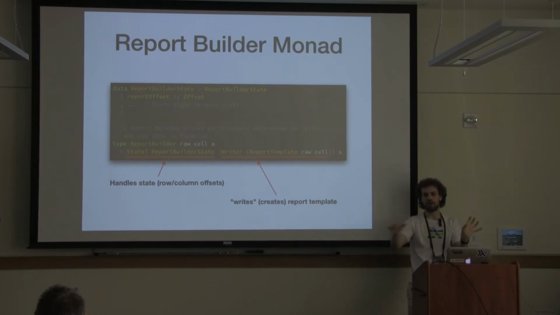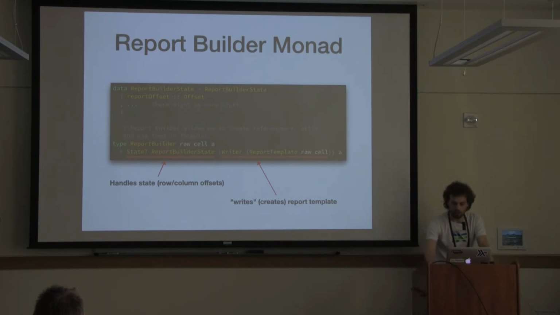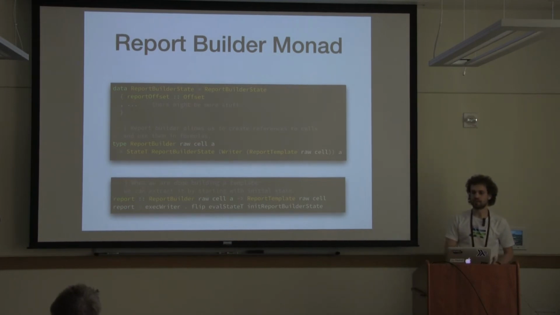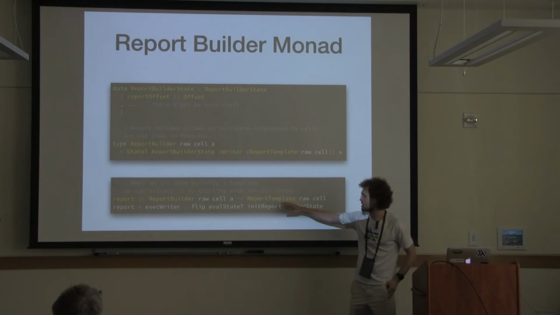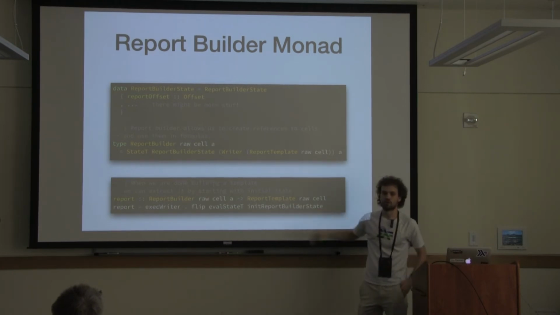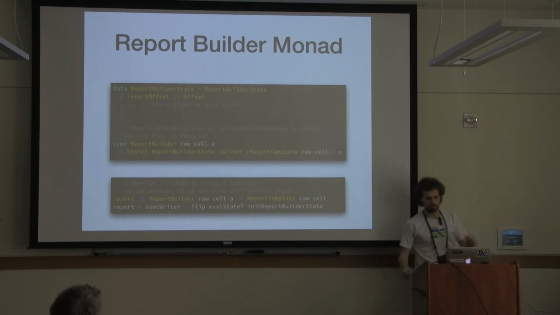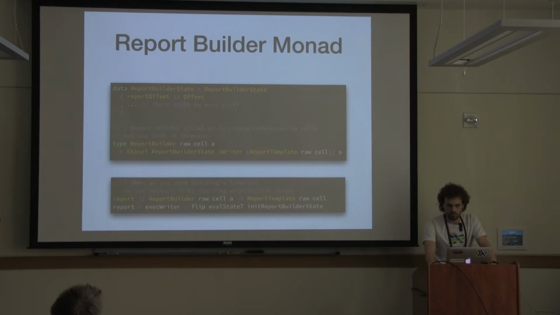We can always add to the right, right? So this is what we're going to try to use. And obviously, if we have a report builder, we can easily get a report template out of it. We simply have to start at the top left corner of the report and go from there. Okay? Does this make sense? Any questions?